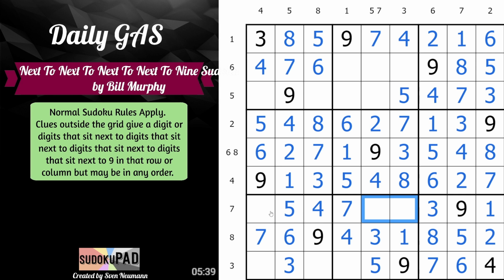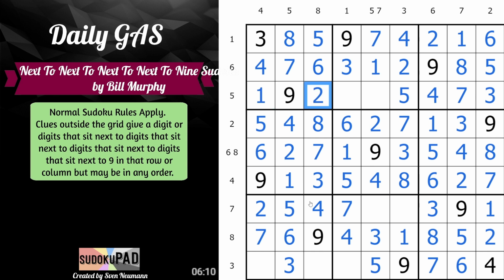Sorry, this was 2, 6, 8. 6 has to go somewhere here. 6, 2, 8, 3. Where does 3 go? This must be 3. 3 across, we still need 1 and 2. 2 now tells us 2 goes here, as we expected.